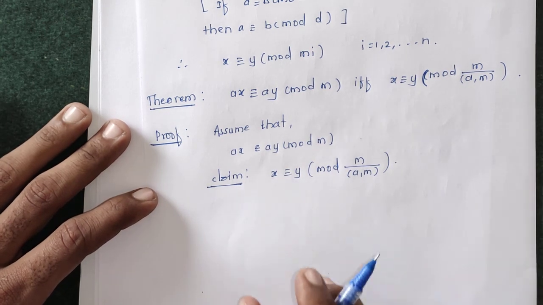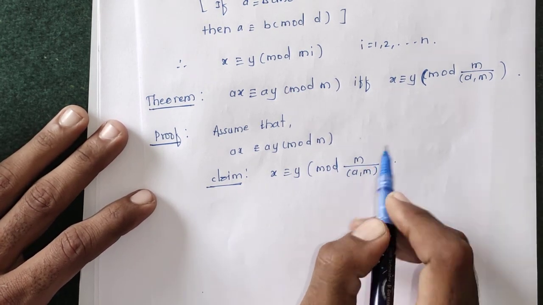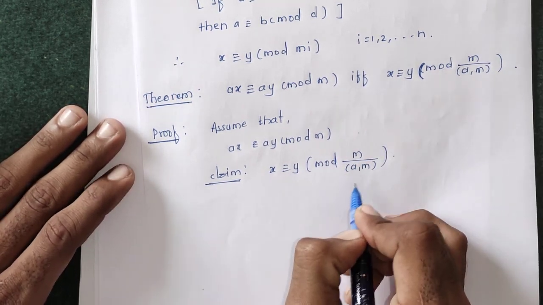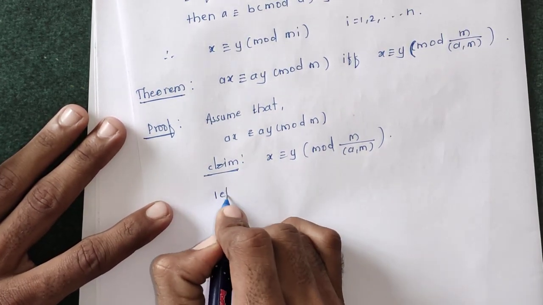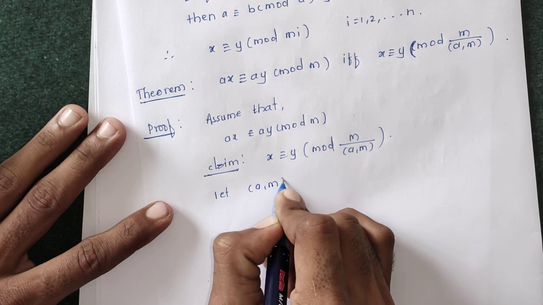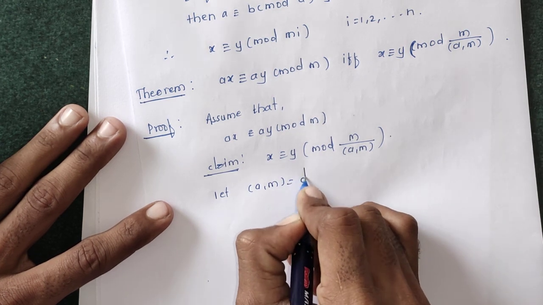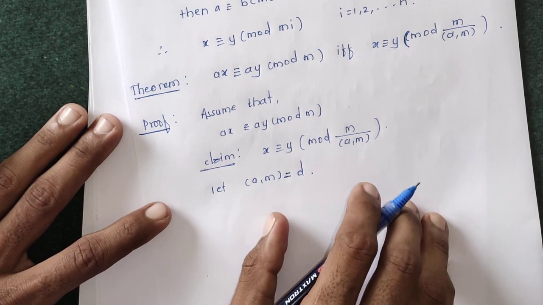To prove this, let the GCD of a and m be d.